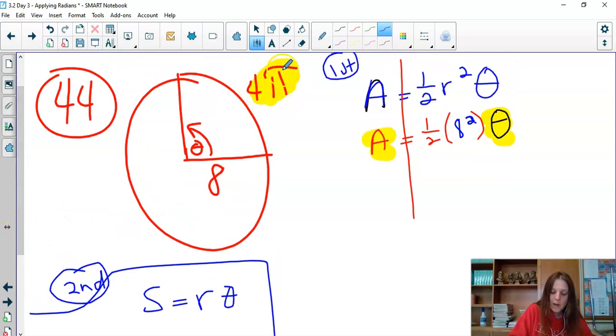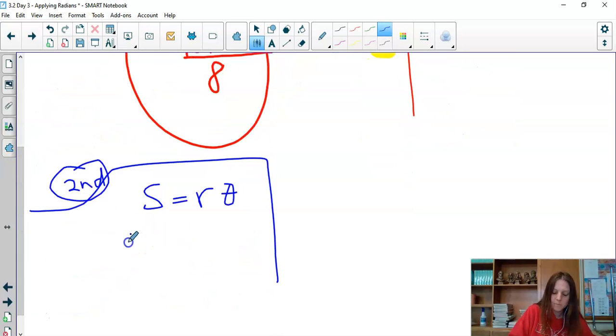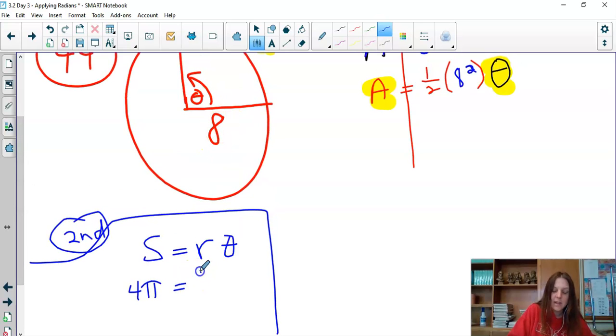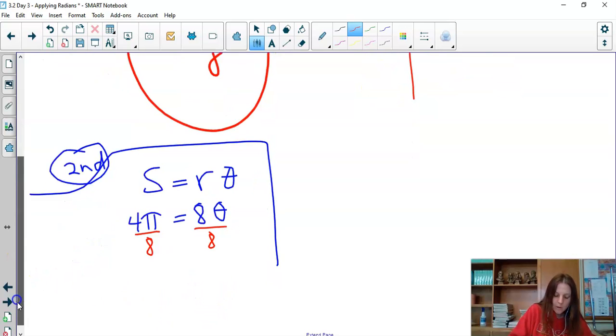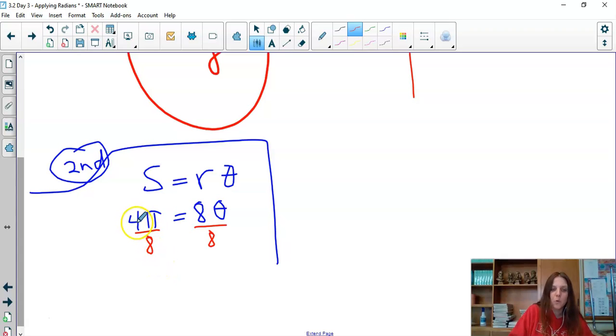Okay, so S is your arc length, 4 pi. The radius is 8. And we're trying to find this angle so that we can plug it into this formula. So in order to get the theta by itself, you need to divide by 8. 4 pi over 8, well, 4 divided by 4 is 1 pi, or pi. 8 divided by 4 is 2.